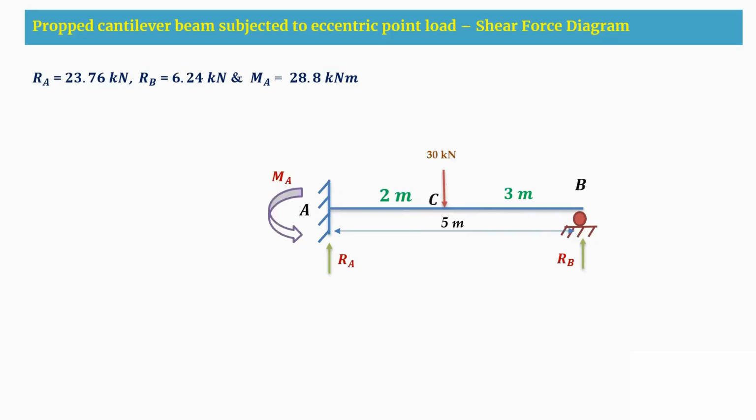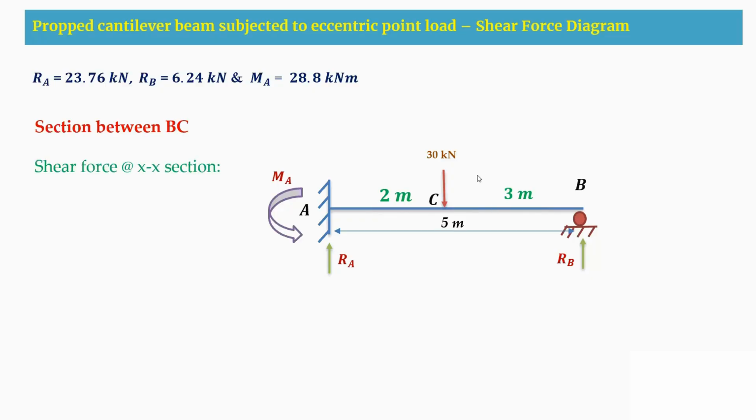Then we take a section in between BC first, starting with B as the origin. Here there will be two sections, because the load divides the span at some portion. Therefore we take one section before the load and another after it. BC is the first section I am going to consider.